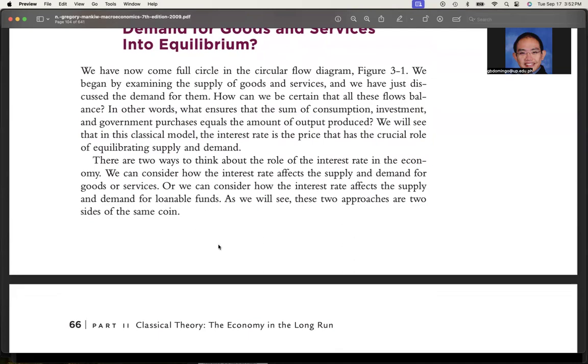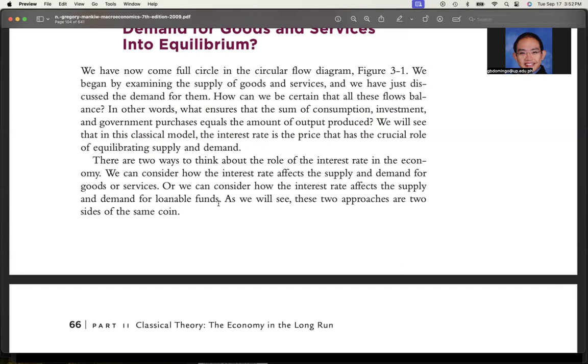So this paragraph is actually quite important. What it's saying is that there are two markets. There are two markets in the economy remaining, right? After the factor markets, you've got now the supply and demand for goods and services, and then finally the demand for loanable funds or investment demand.